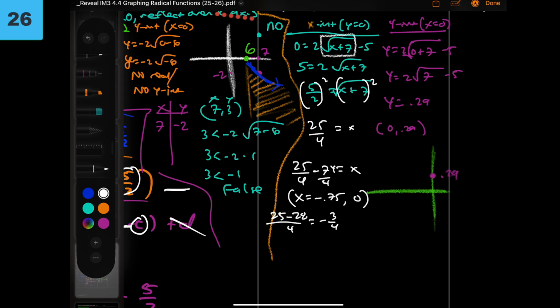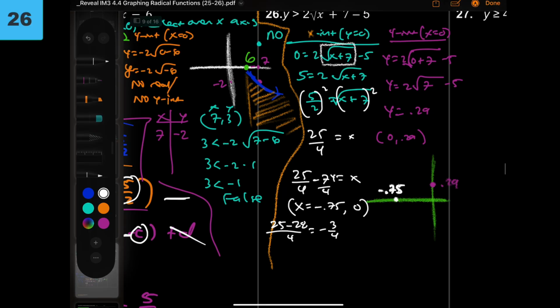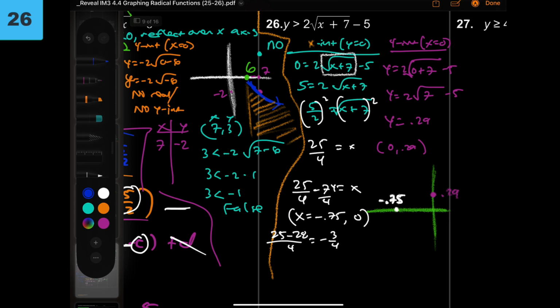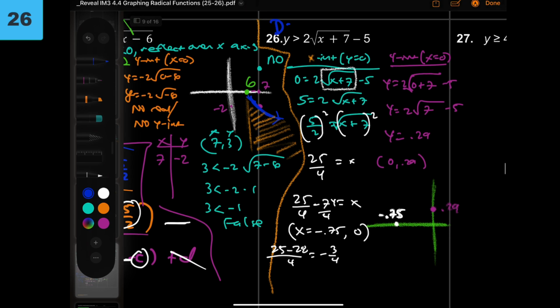And then you have negative 0.75. Try to make that more clear. Okay. And then I know it's going to be dashed because there's nothing below that one.